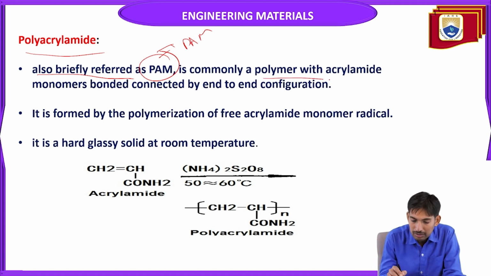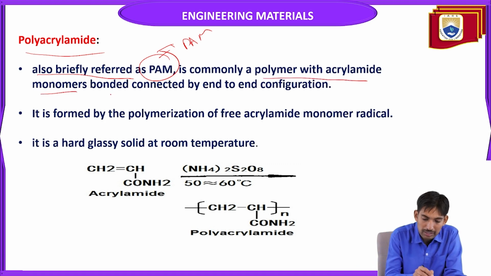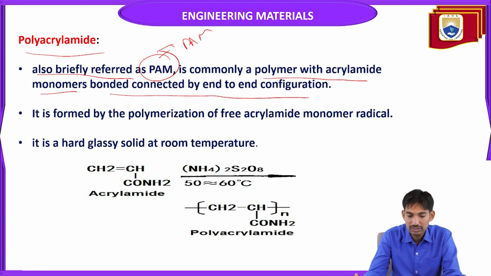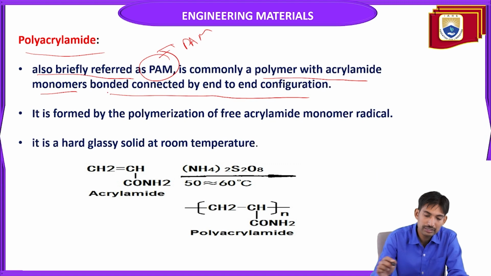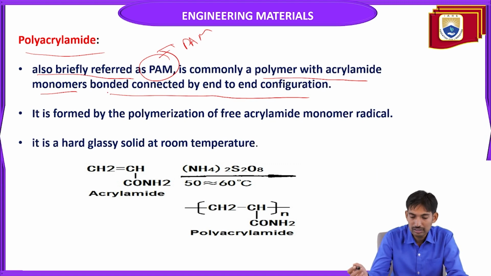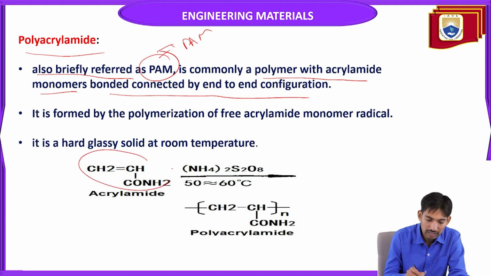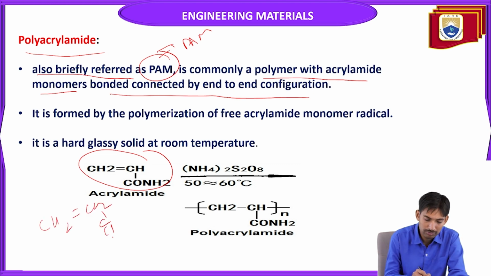Polyacrylamide is a polymer with acrylamide monomers bonded in an end-to-end configuration. See, this is the acrylamide, CH2 double bond CH, C double bond O, NH2.